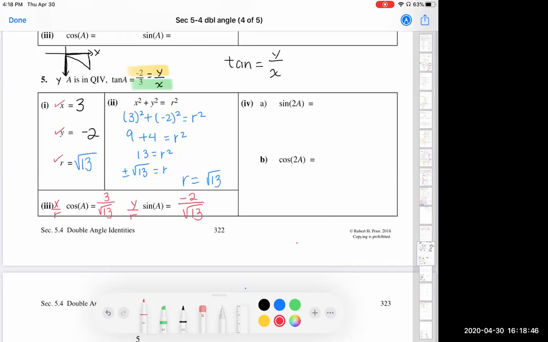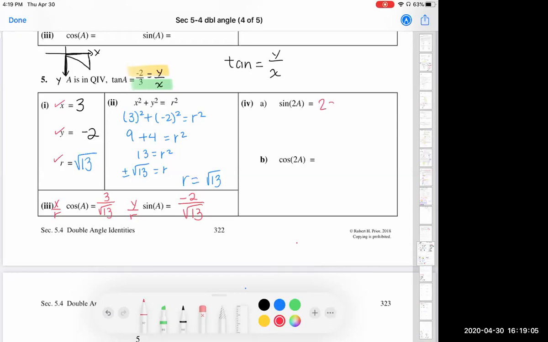All right, so let's go ahead and use our formulas. Take out the beginning of your section, have your formulas handy. Let me pull out my formulas. Sine of 2A can only come from one of them because we only have one double angle for sine.